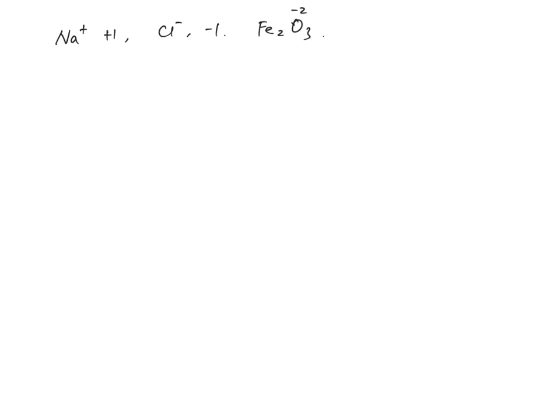Oxygen is in group 16, always has the -2 charge, and that's 3 times -2, a total of -6, and 2 iron ions are balancing it off, so each ion is +3, so iron would have a +3 oxidation number, and oxygen would have a -2 oxidation number.